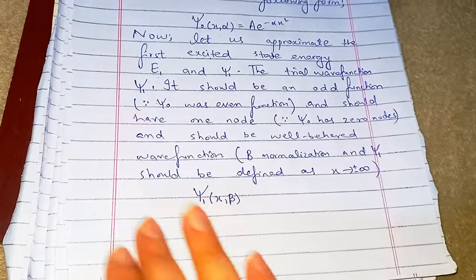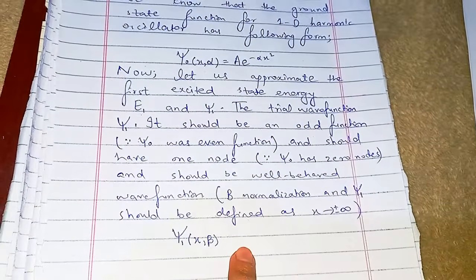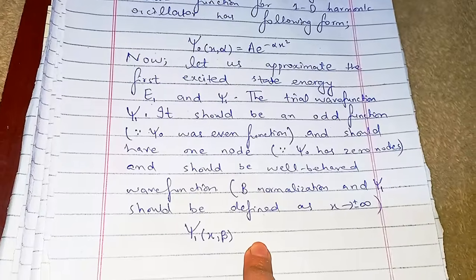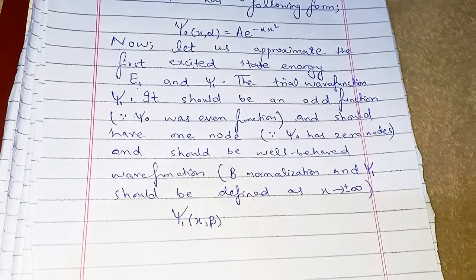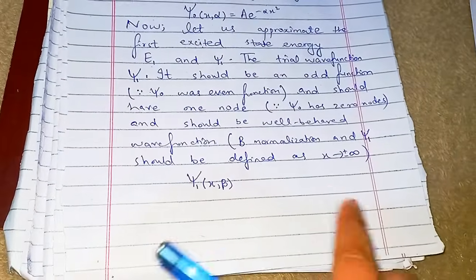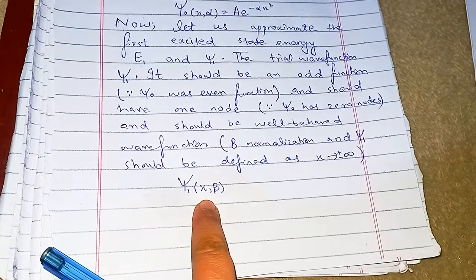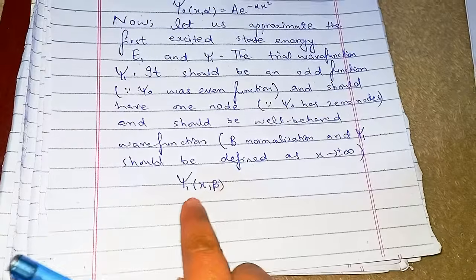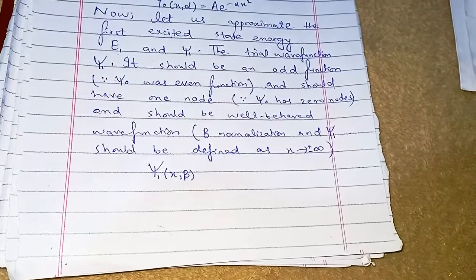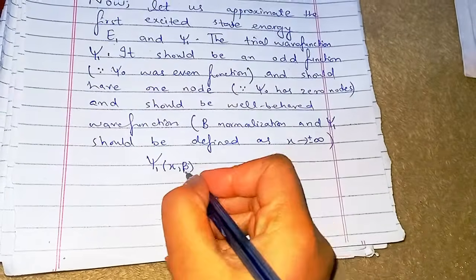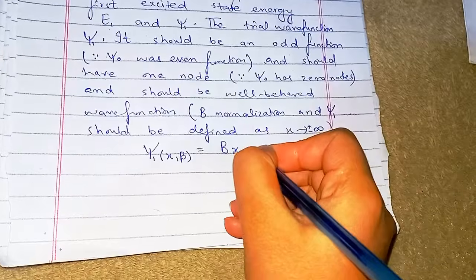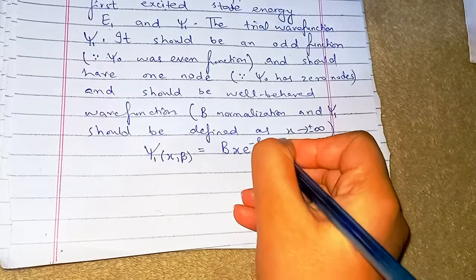Because here we are making some guesses, and there are obviously some properties related to the first excited state that we don't have an idea about. So we adjust those properties with this adjustable parameter beta. It will account for the things that we didn't consider. So that is equal to b x e to the power minus beta x squared.